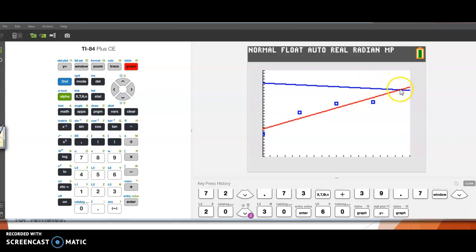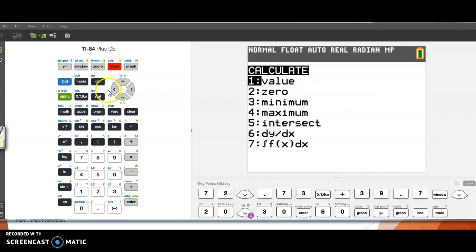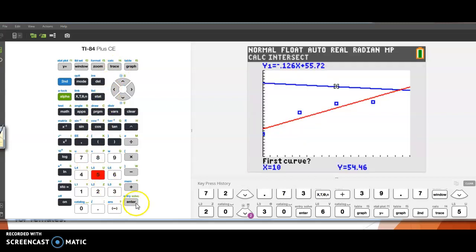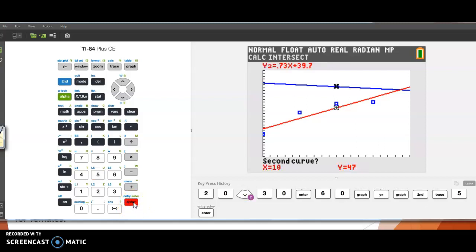I also see this first point right here, the first time that the two were equal. And so I can find that using the second and trace button. That is a point where these two graphs intersect, so option 5. And that is my first curve, my second curve.